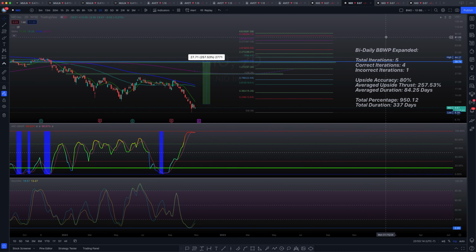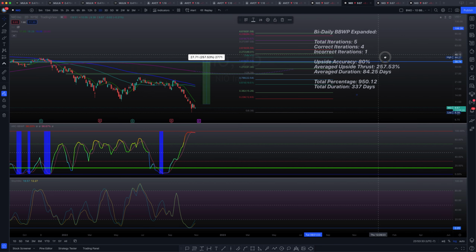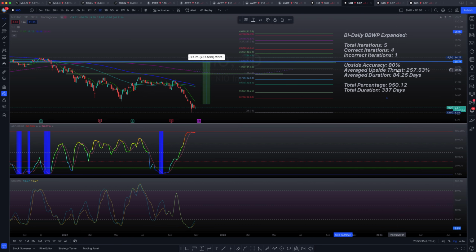So we have a total of 5 iterations where we have moved to the upside from starting the contraction phase from these critical highs and having the momentum suggest the upside. Out of those 5, 4 have been correct. And that gives us an 80% upside accuracy with an average upside thrust of 257.53% over the span of about 84 and a quarter days.